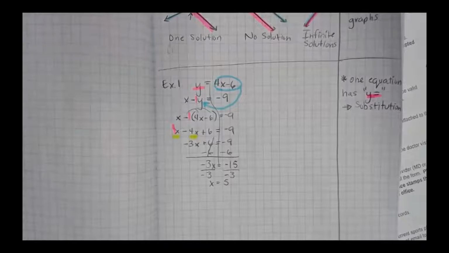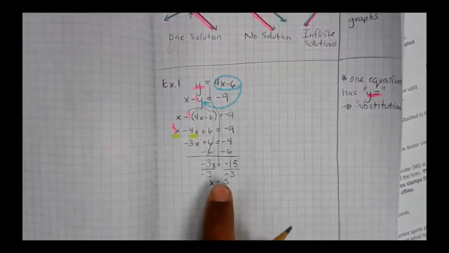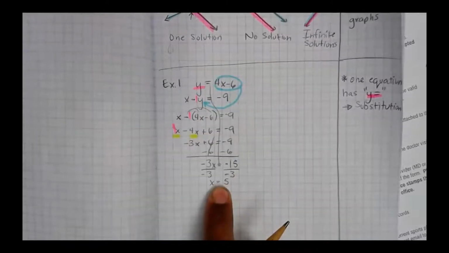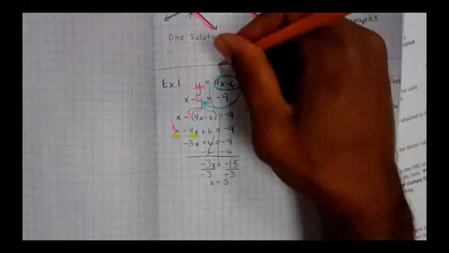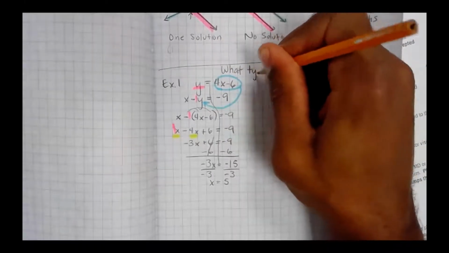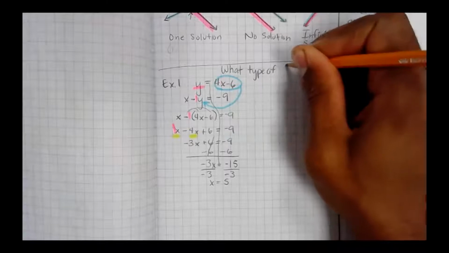Now, you have an answer. You have x. So what that means is that you're going to have one solution. I already figured that out just by doing that first step. The question's not asking me to find x and y. It's just asking me what type of solution.